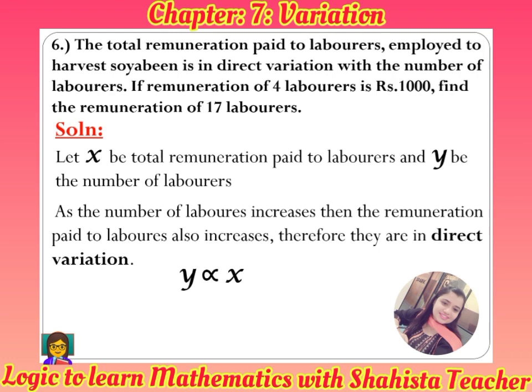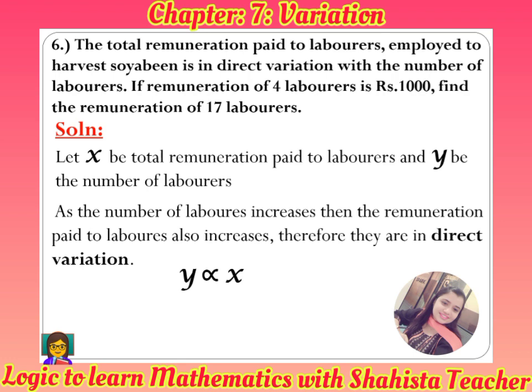इसके बाद आप लिखे होंगे y is equal to kx. आपको डायरेक्ट वेरिएशन का इक्वेशन लिखना है. यहाँ पर डायरेक्ट वेरिएशन का इक्वेशन को भी आपको यहाँ पर शो करना है. Okay, so here you are going to show the direct variation equation. After this you have to write y is equal to kx. Okay, and k is the constant value.